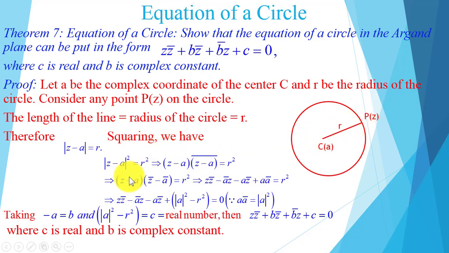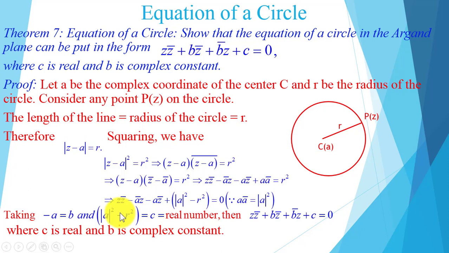Squaring both sides, we have modulus of (z minus A) whole square is equal to R square, which implies that (z minus A) times (z minus A) whole bar is equal to R square, which implies (z minus A) times (z bar minus A bar) is equal to R square, which implies that z z bar minus A bar z minus A z bar plus A A bar is equal to R square.